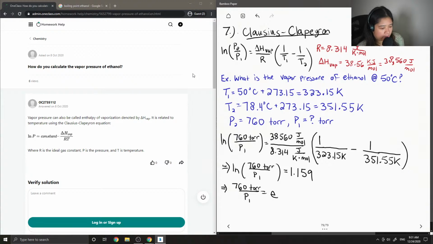I forget what this term is called. Which is 3.188.